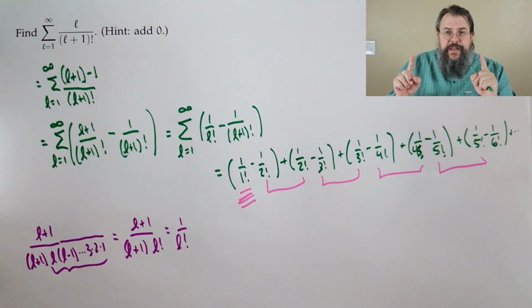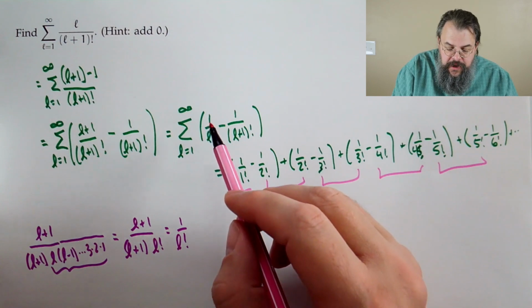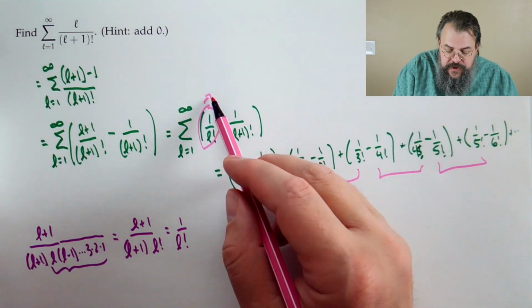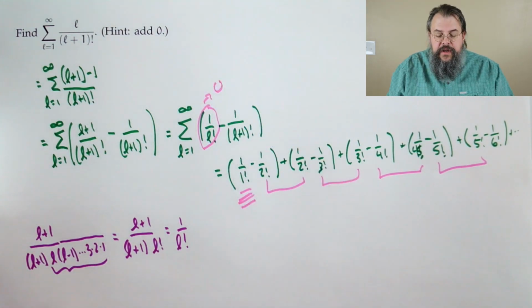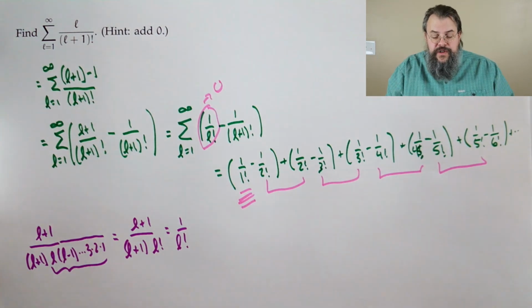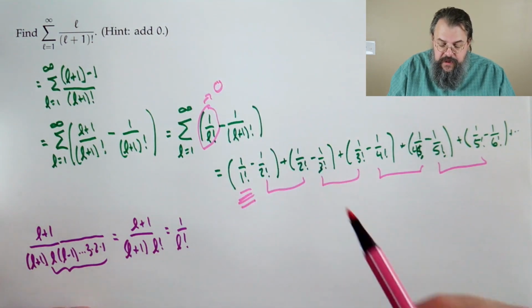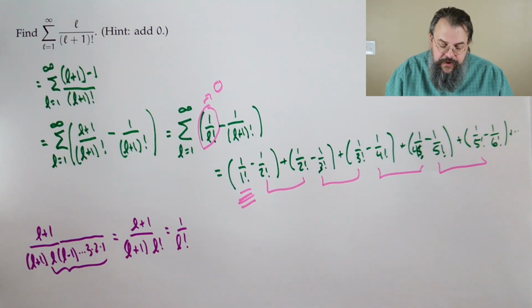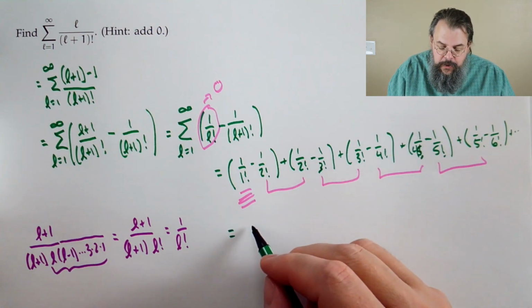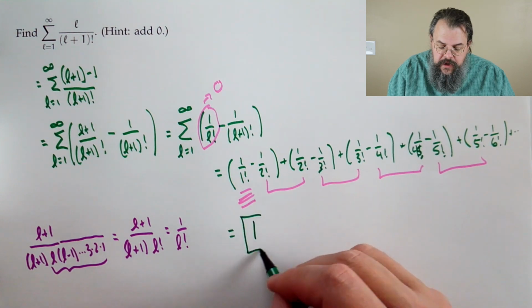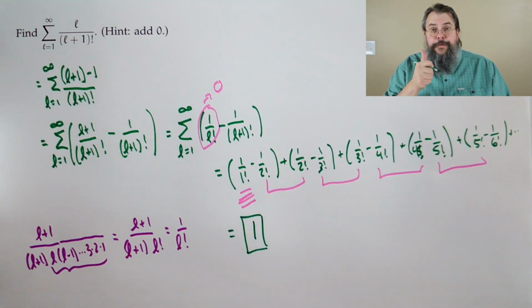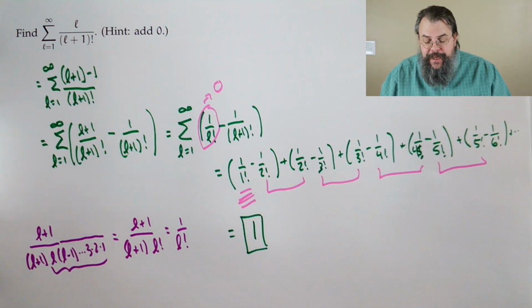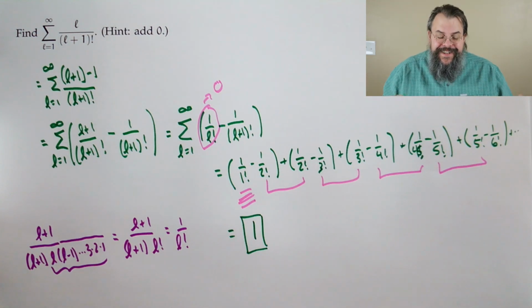What is that term on the end going to do? Well, this goes to 0, because your factorial gets huge as you head off to infinity. So the only thing left is the term at the start, and therefore our answer is 1 over 1 factorial, also known as 1. And we're done.